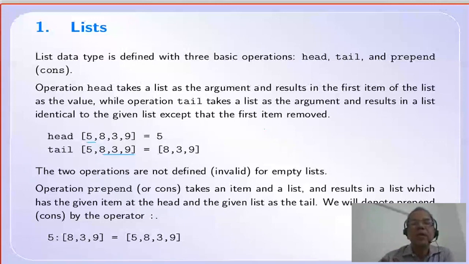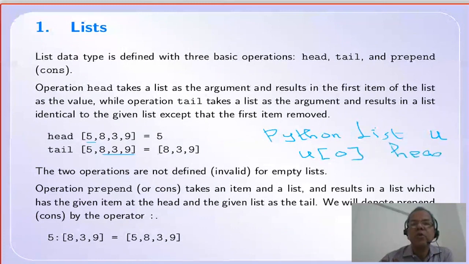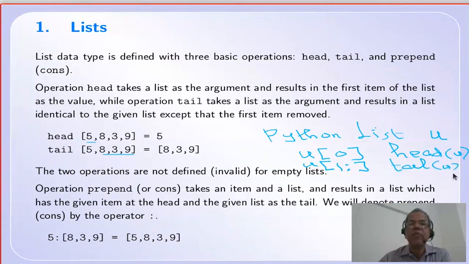If you are using a Python list and you are given a list U, then I said U at 0 is equivalent to head of U, and U at 1 to the end is the tail of U in Python.